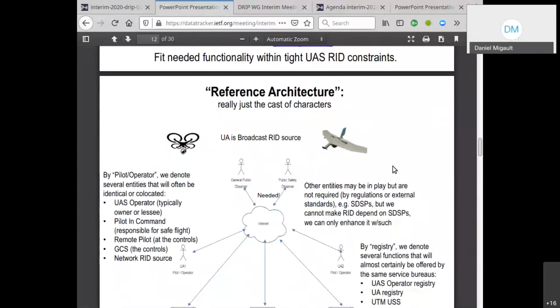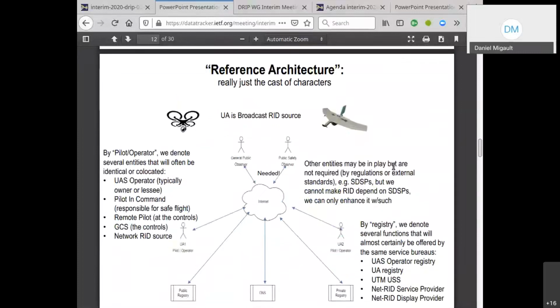Okay, this slide is as before, just as context. These are the players: the aircraft themselves, the observers, the operators, public and private registries, and DNS. And one of the things that I definitely need to do in the requirements draft is clarify what's an operator versus a pilot in command versus a remote pilot, and so on.